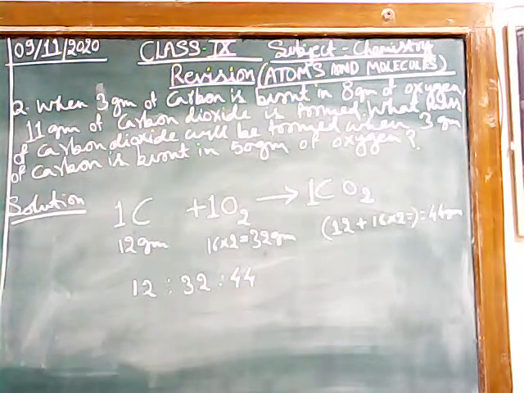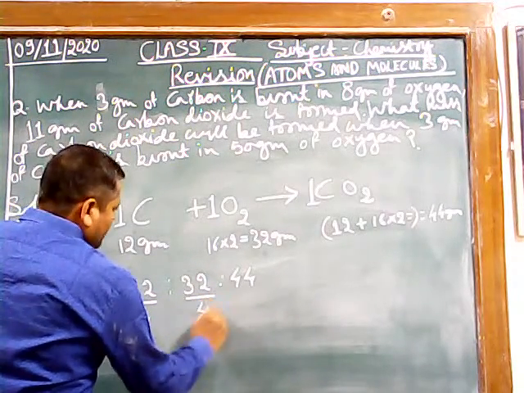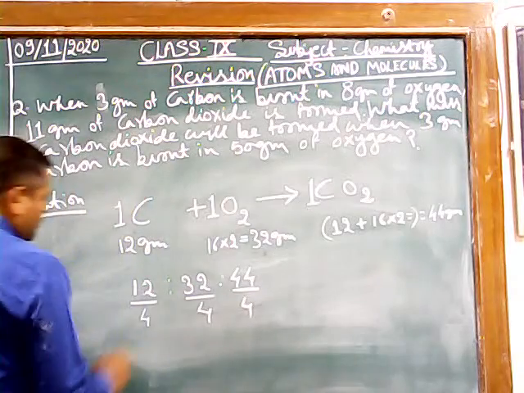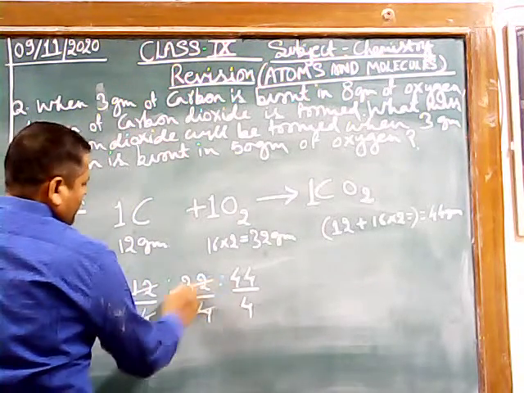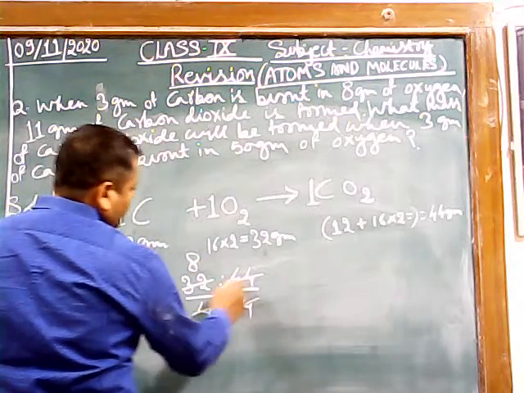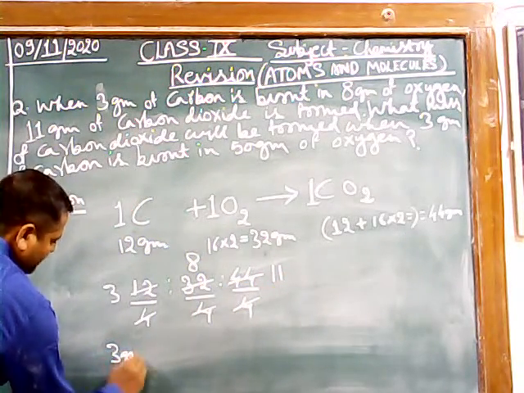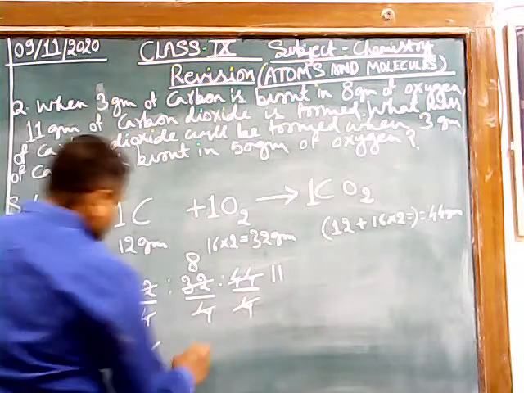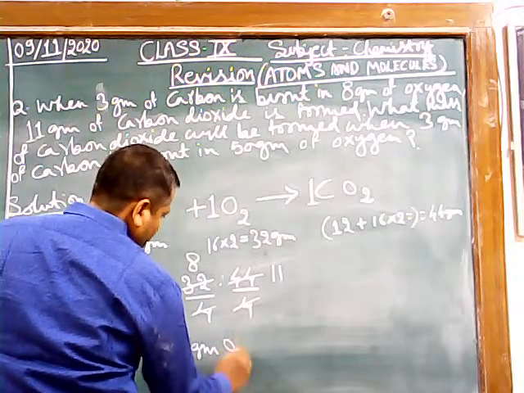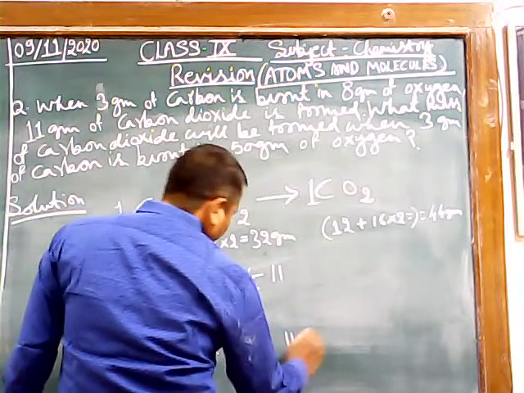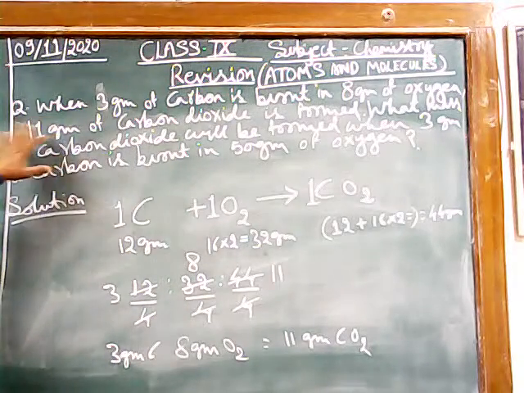If we divide this by 4, then 12 divided by 4 becomes 3, 32 divided by 4 becomes 8, and 44 divided by 4 becomes 11. So 3 grams of carbon, 8 grams of oxygen gives 11 grams of carbon dioxide, which is what we have seen in the question also.